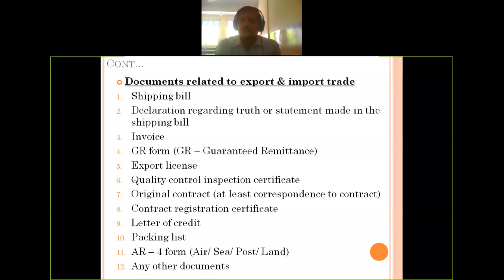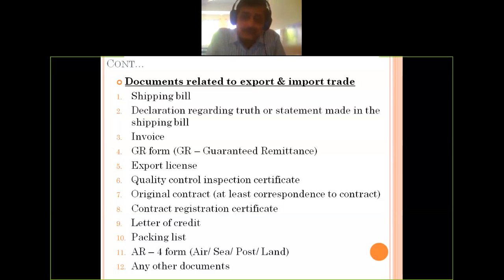And the fourth point is about the GR form, guaranteed remittance form. Sir, anyways, the invoice is there, that bill is there with me, so why is this guaranteed remittance required? That's a question. The answer is that guaranteed remittance can be received from the importer.